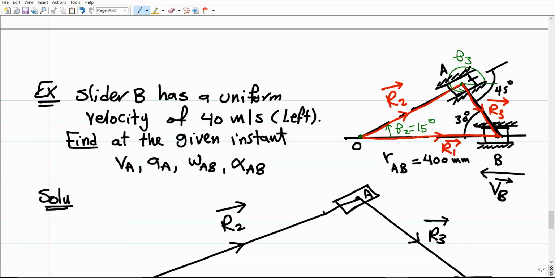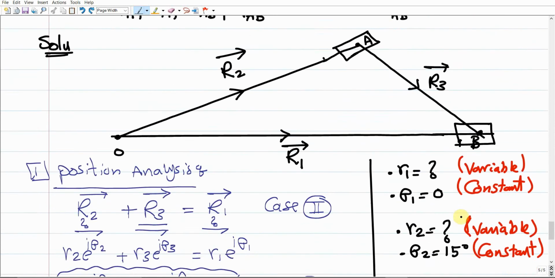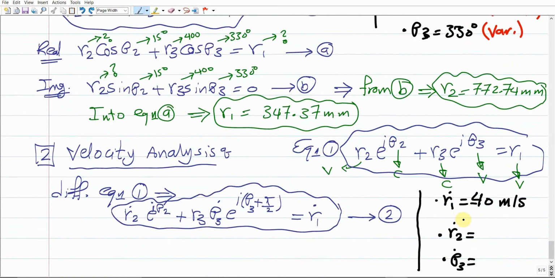The negative indicates that the direction of the sliding velocity is opposite to the assumed direction of R1, the position vector you considered before. Make sense? So R1 dot should be negative 40 meters per second.